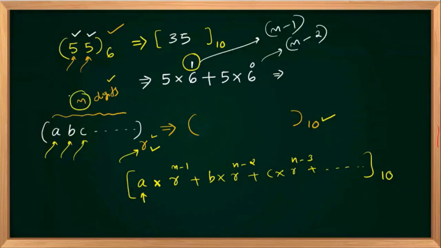So n was the total number of digits, n minus 1, plus second digit multiplied by same base with the power n minus 2, where n is the number of digits of your base R number. Then if you're having a D, E, etc., you can add it along with the D multiplied by R power n minus 4, etc. Then if you're adding together, you will get a number that will be in decimal 10.